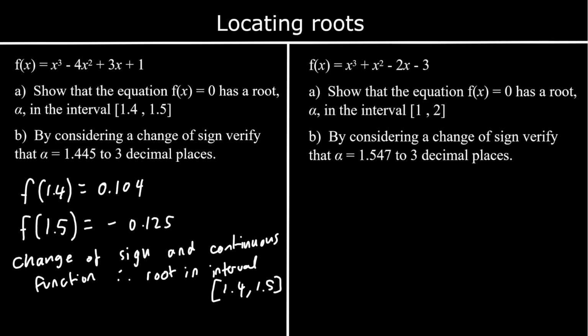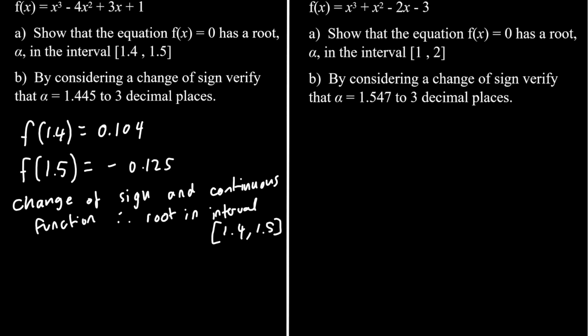Part B says, by considering a change of sign, verify that alpha is 1.445 to 3 decimal places. So we've got 1.445 to 3 decimal places. We're going to use the bounds, the upper bound and lower bound for alpha.